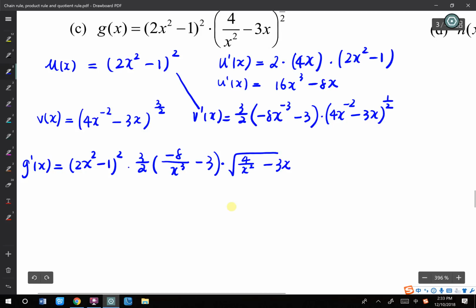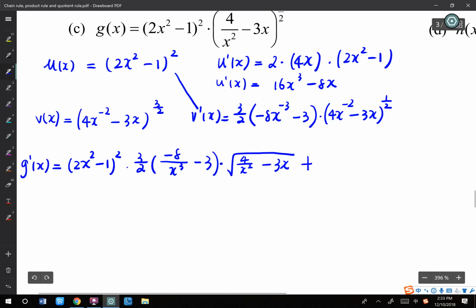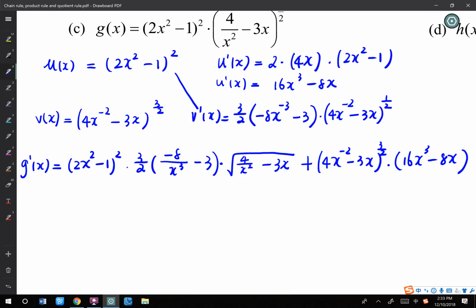Okay, the half is the square root. I do that because it's easy to do evaluation. So that's u times v dash. I can put the 3 over 2 in front, and plus (4x minus 2 minus 3x) to the power of 3 over 2 times 16x cubed minus 8x. Okay, it's a very long expression, but I don't think we can do much about that. Well, there are some common factors, but I don't think it's necessary to go further than that. Okay, so that's the answer for this one.